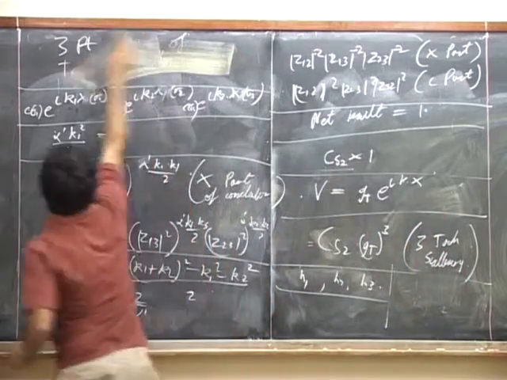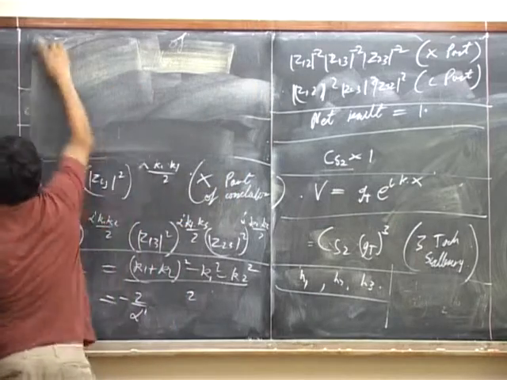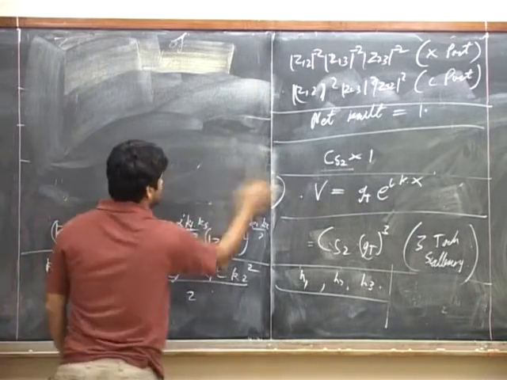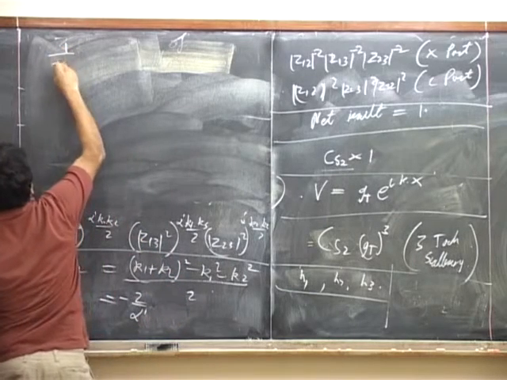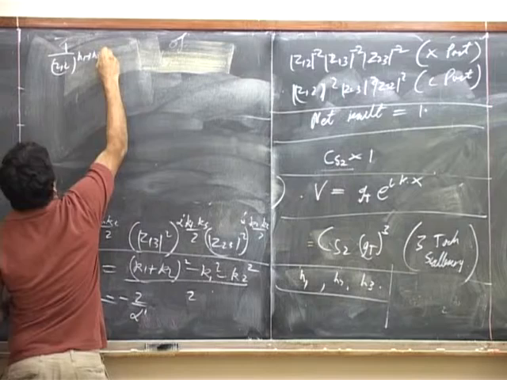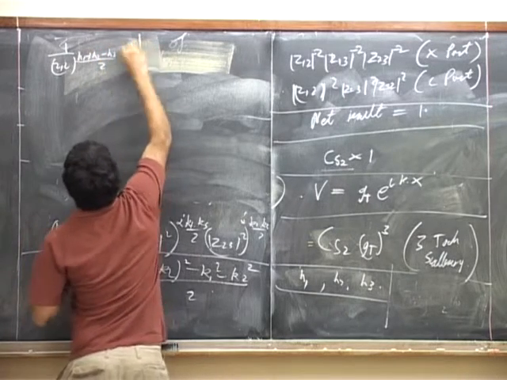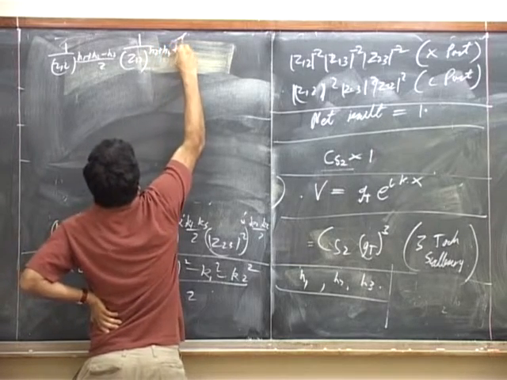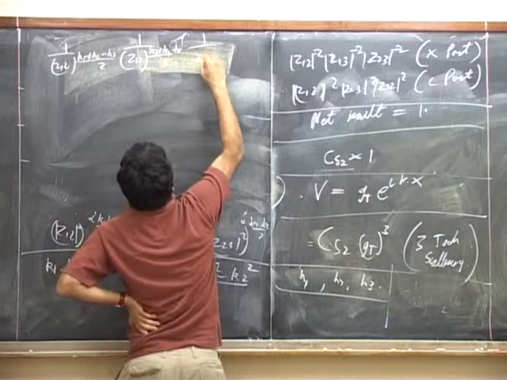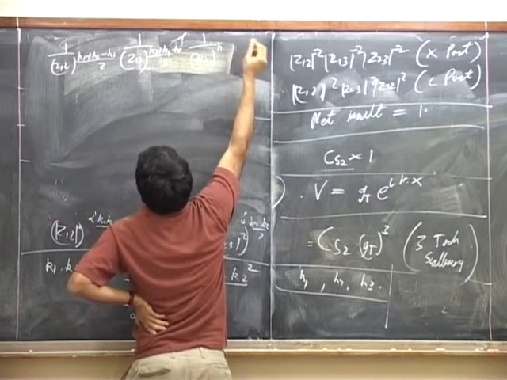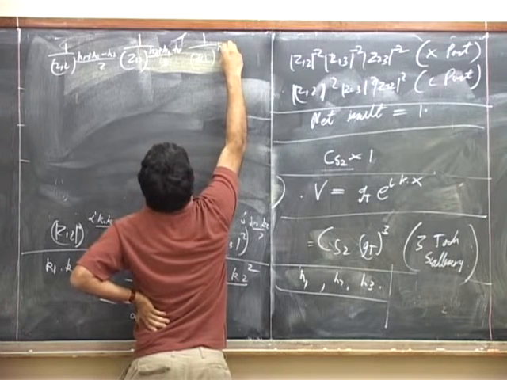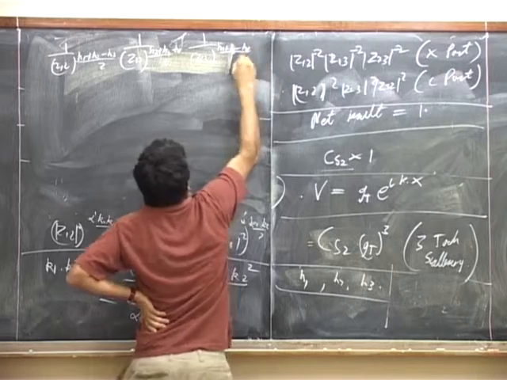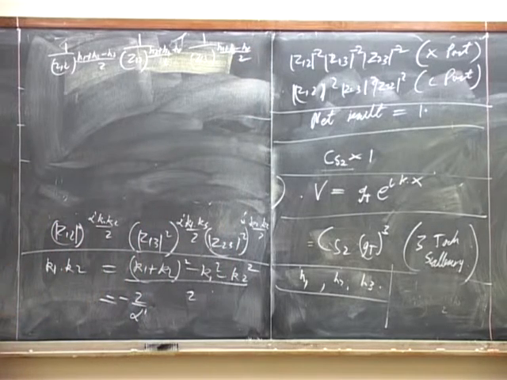I'll write it up top. And similarly for the anti-holomorphic part. This is just a general result of conformal invariance, depending just on the weights of these operators.